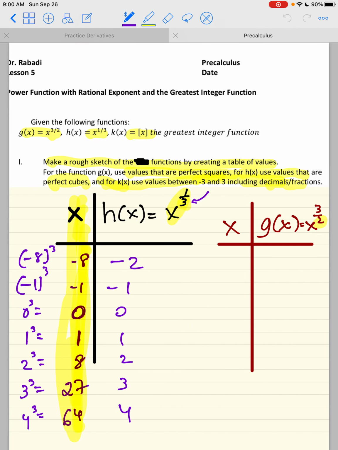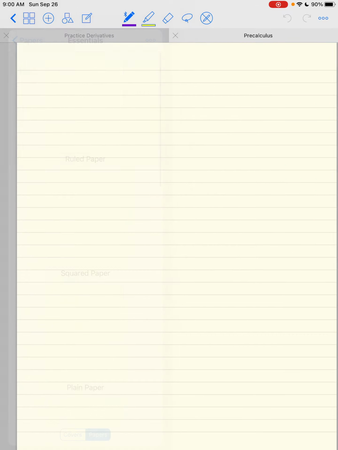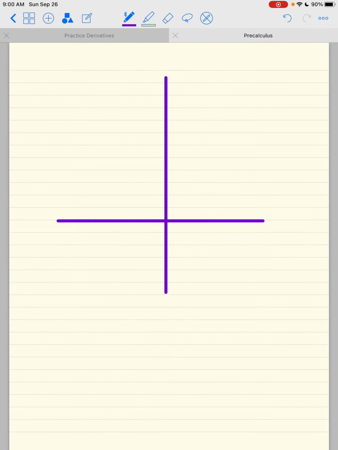So what I would do here is I would say 0, 0, 1, 1, 2, 3, 4, 5, 6, 7, 8, 8, 2. And this part is going to look like this. -1, -1, -8, -2.